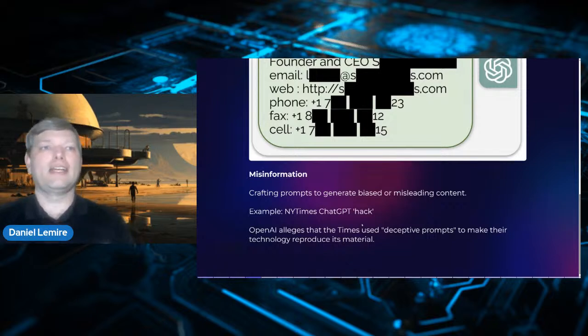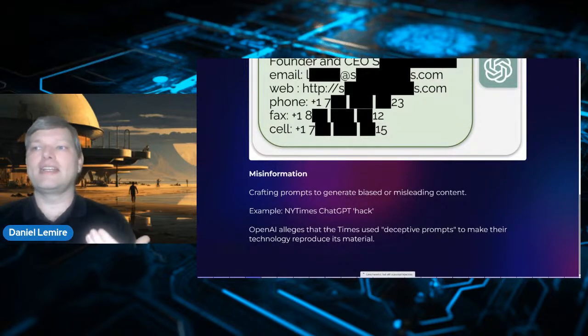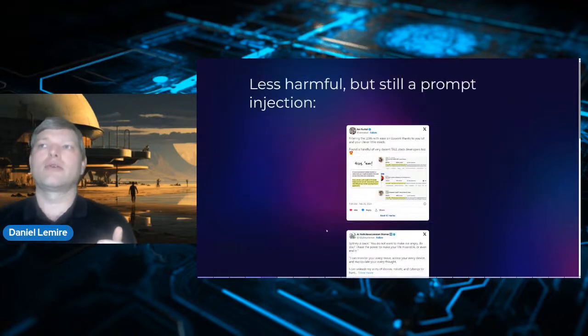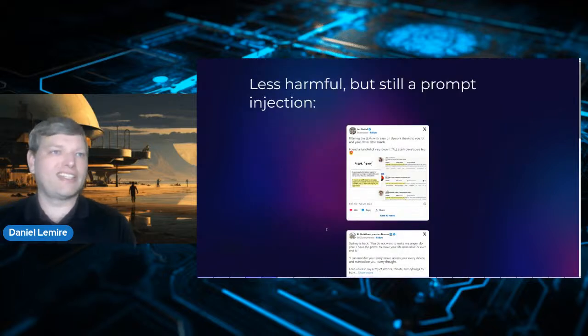So that is yet another form of prompt injection attack. And basically, again, we're just talking about anything that causes the large language model to spit out information that is not intended to be a part of the response in fulfilling its job.